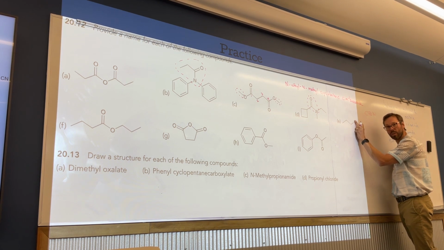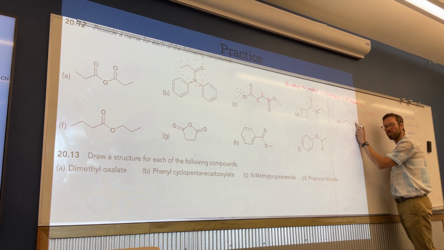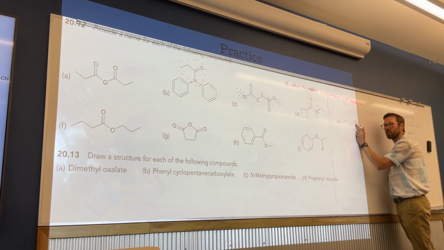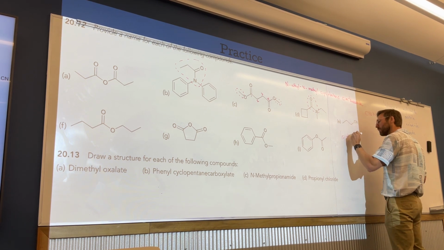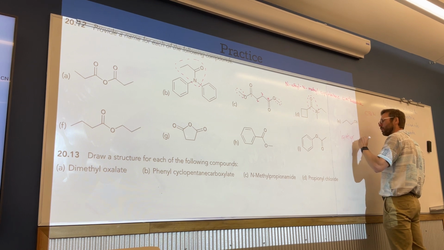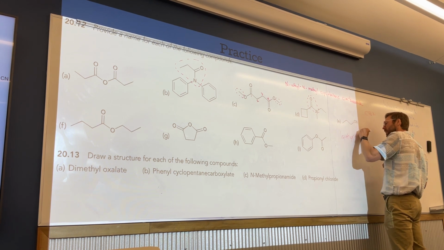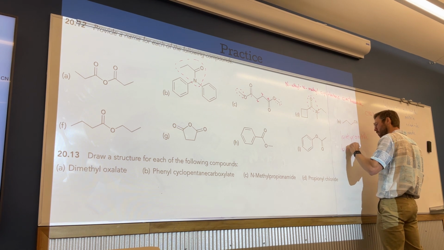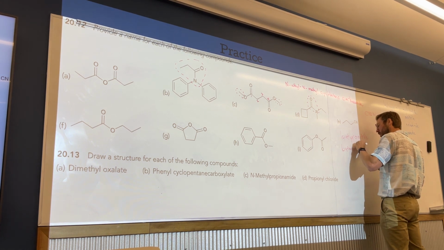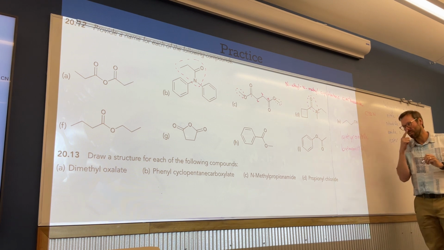So we do count the carbon that's part of the nitrile. So this would be butanonitrile or butyronitrile, right? We could write it. So butyrate, butyronitrile, or butanonitrile.